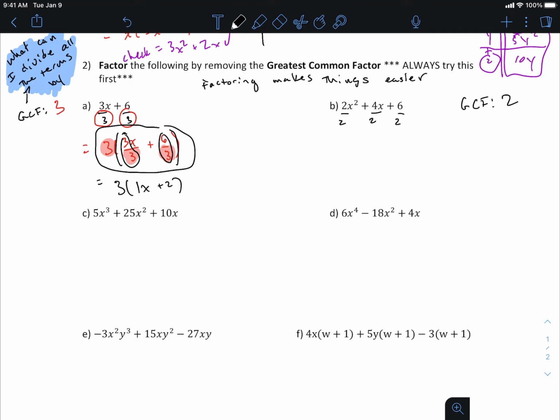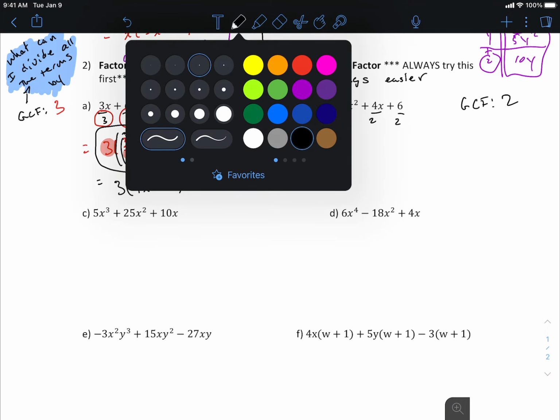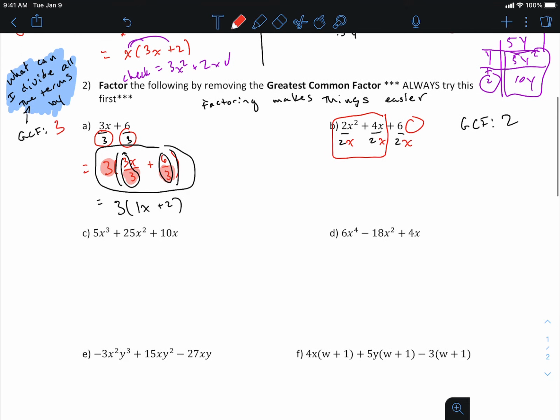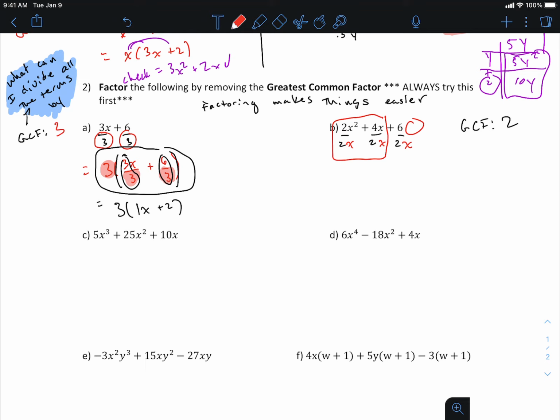And then you go back and you try and deal with the variable. Well, some of you might be tempted to do this: oh, well, just divide them all by x. The problem with that is only the first 2 have x's in them. The last one does not. And remember, it's what can I divide all the terms by?